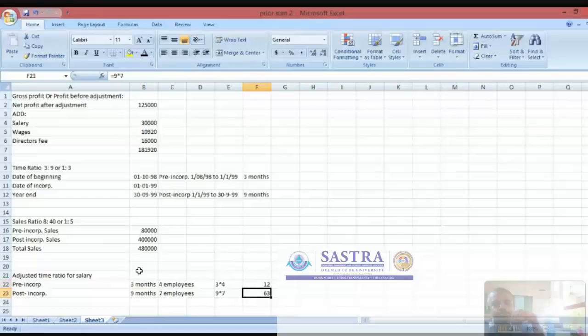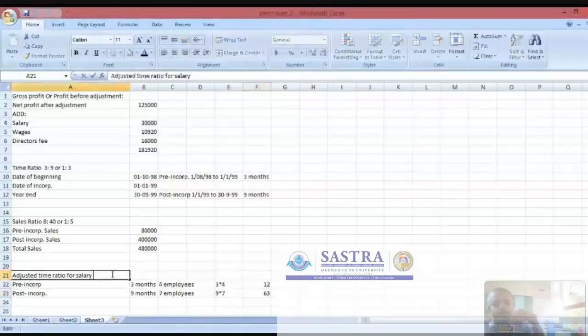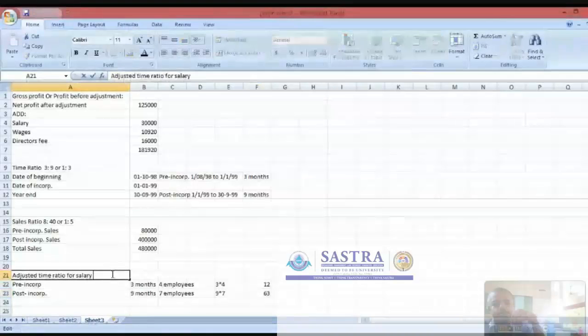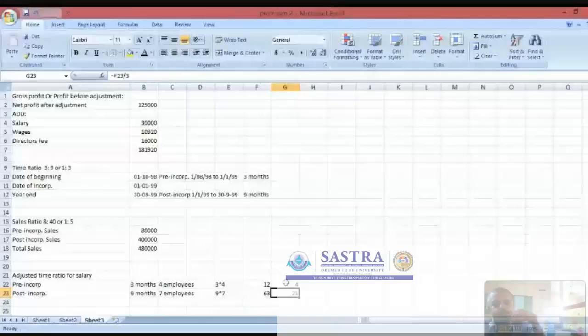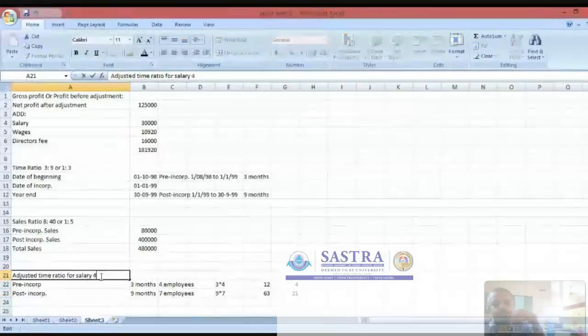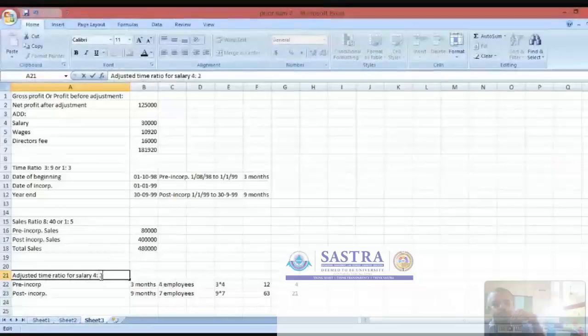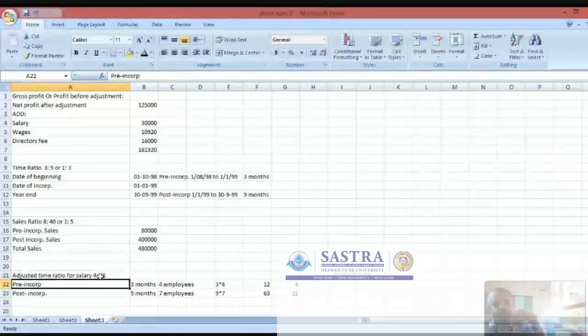Can we simplify it? I hope we can simplify with the 3. Yes, sir. 4:21. We can simplify it. 4:21 is going to be the adjustable time ratio.